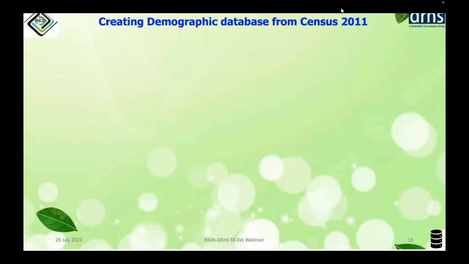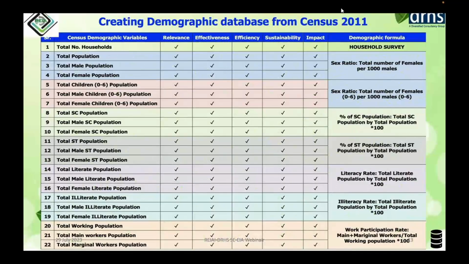Now, I told you the significance of relevance, effectiveness, efficiency, sustainability, impact. When you open any district profile in Excel sheet, you will get around 200 variables of data. I have not selected the entire 200 variables. I have selected only 22 variables, which have some relevance, effectiveness, efficiency, sustainability.